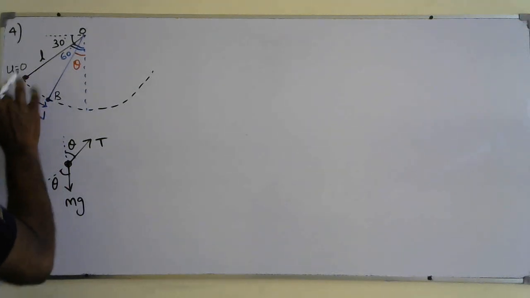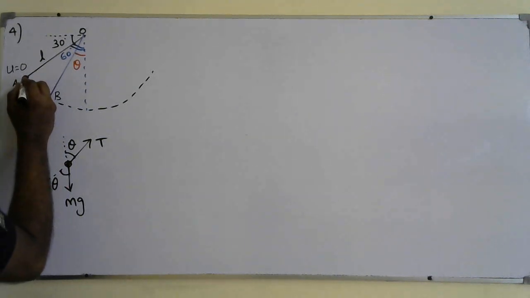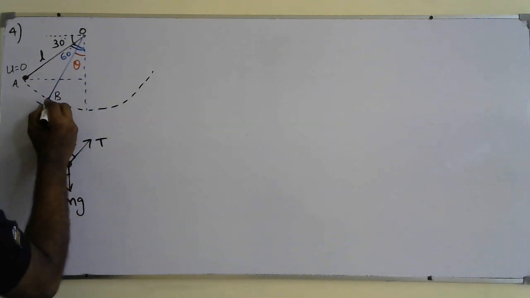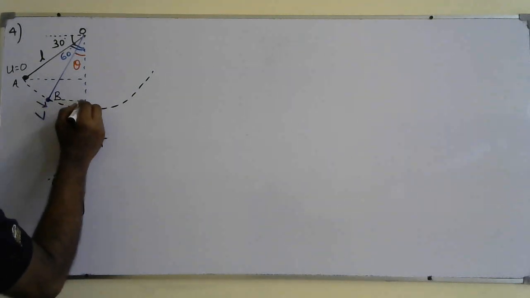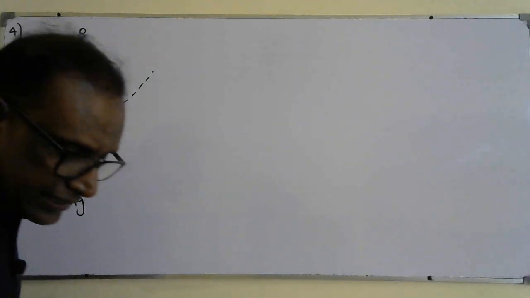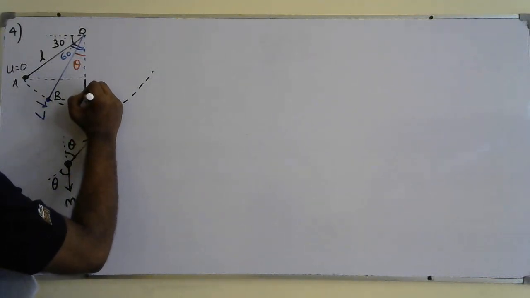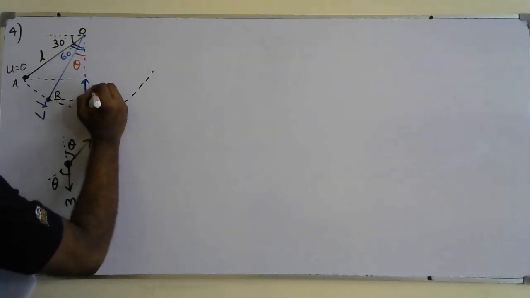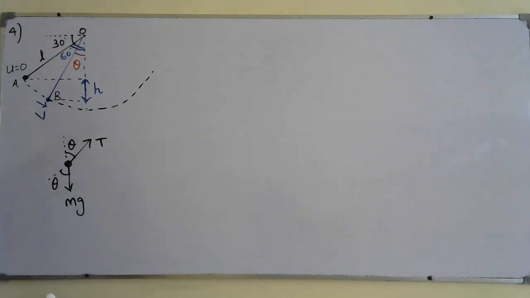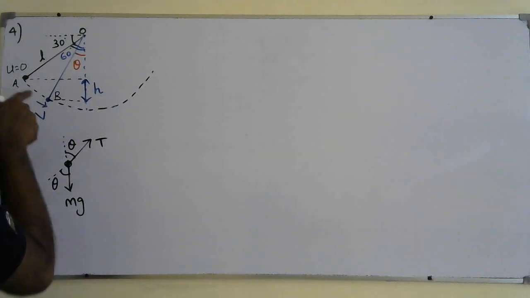So this position is A. So the height through which she is falling when she moves from A to B is this height. We need to find this height H. That's the height through which she is moving down when she moves from A to B.